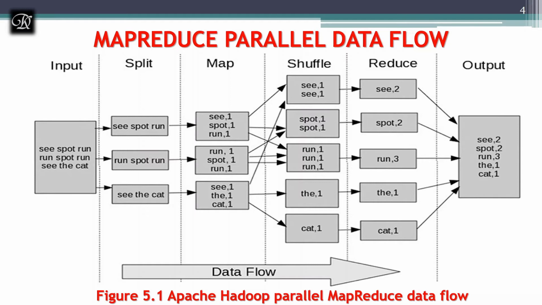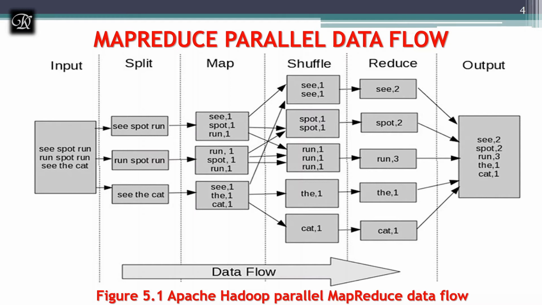When we shuffle, we bring similar ones together, which we can call sorting. It is not an ascending or descending sorting. It is just that similar words are brought together in the shuffle stage: see is grouped together, spot is grouped together, run is grouped together, and the cat is grouped together.